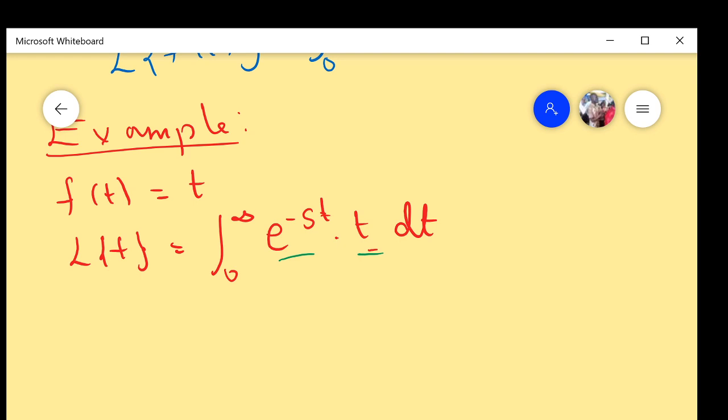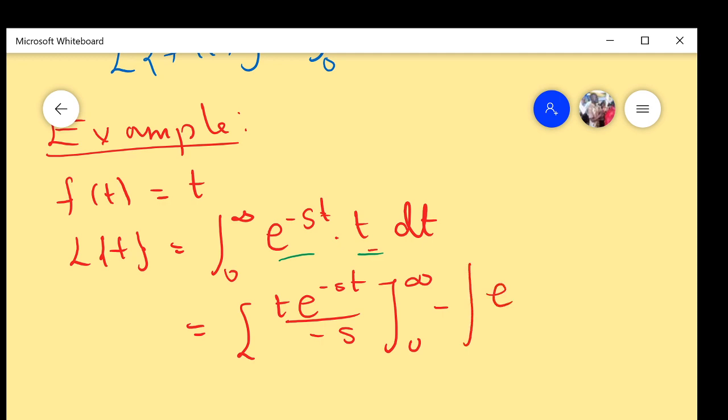So if you solve, then we are getting t e to the power minus st divided by minus s, from 0 to infinity, minus the integral of e to the power minus st over minus s dt. So this is what you have if you try doing the proper integral.